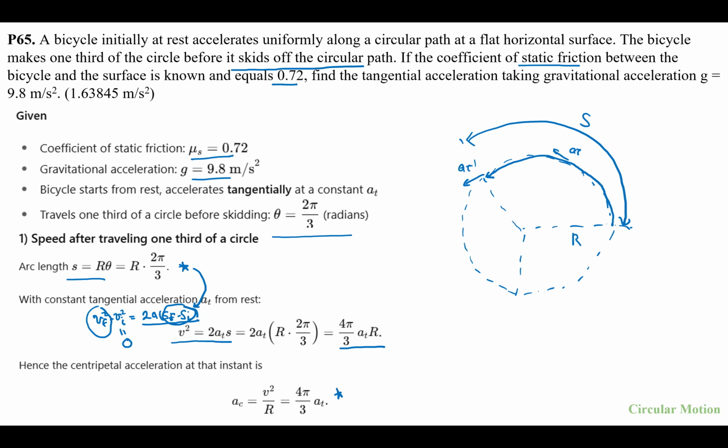One is keeping the bicycle on the circular path, and the other one is keeping it away from the circular path. The first thing is that we found the centripetal acceleration, which corresponds to the acceleration needed to keep it on a circular path.